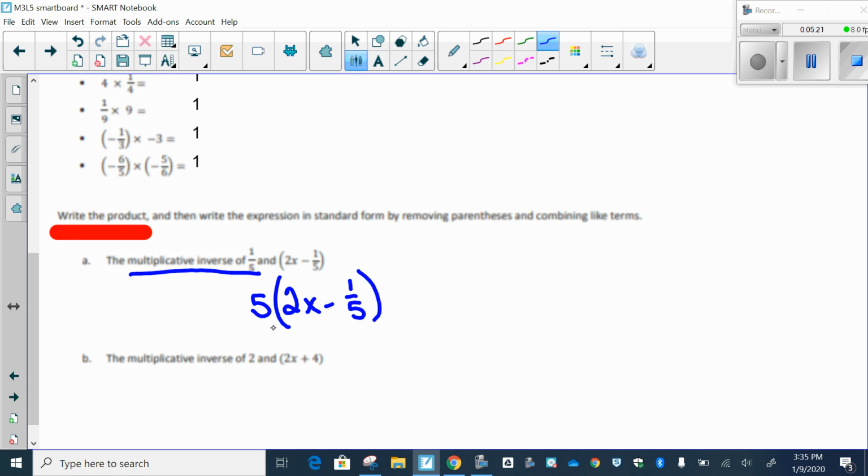Well, when I do that, I get 5 sets of 2x, and I get 5 sets of 1/5. 5 sets of 2x is 10x. 5 sets of 1/5 is 1. So we're still distributing, but we have to realize that the multiplicative inverse is the reciprocal.